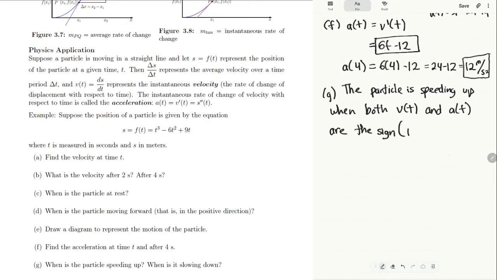So either they're both positive or both negative. And the particle is slowing down when the acceleration and velocity functions are opposite signs.